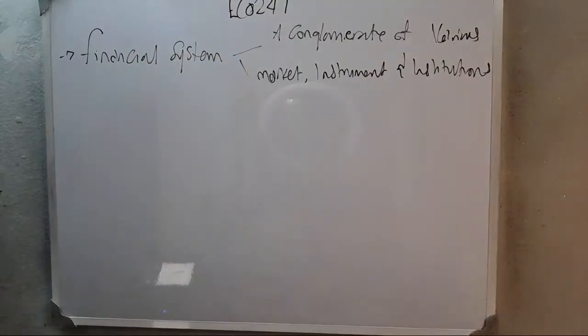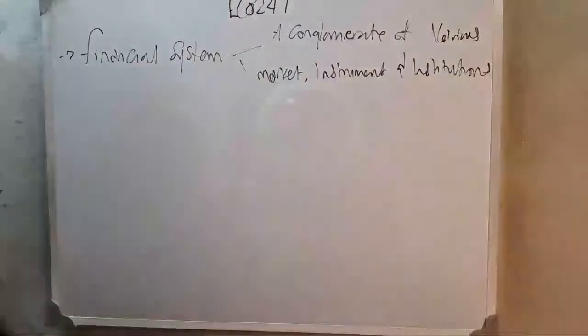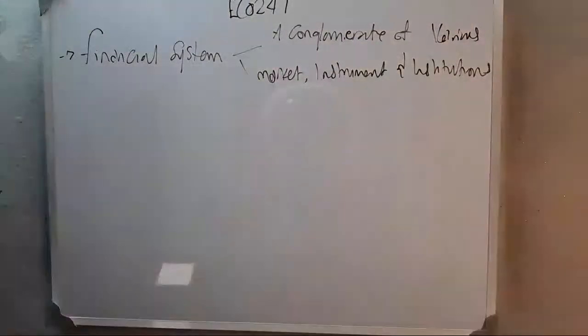When we speak of the financial system, we are simply talking about a conglomerate, a very versatile, very large whole that is made up of a lot of subsystems, comprising various institutions, instruments, and operations of various financial services within an economy.